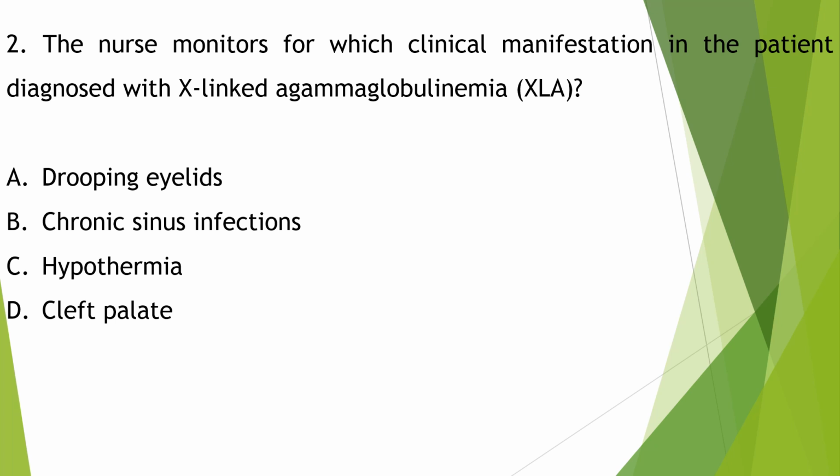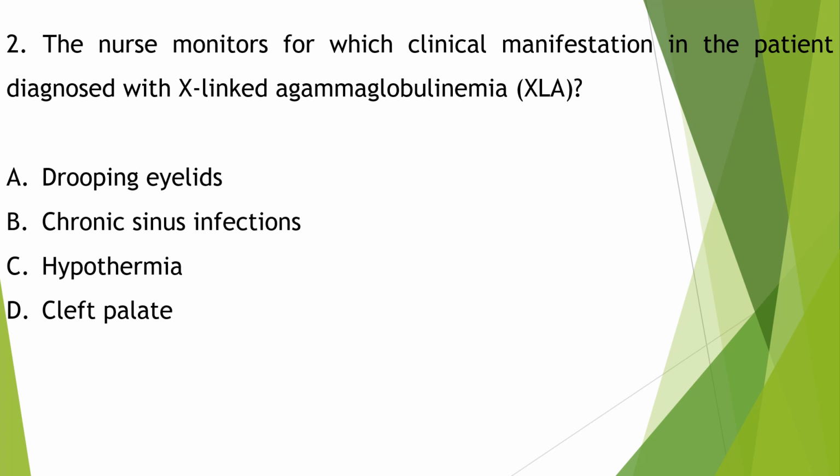The clinical manifestations can be infections, any type of infections, particularly of the ear, lung, skin, conjunctiva, or the central nervous system. You can see recurrent bacterial infections of the respiratory tract in childhood, and chronic respiratory infections such as sinus infection and pulmonary disease are all common with this XLA.